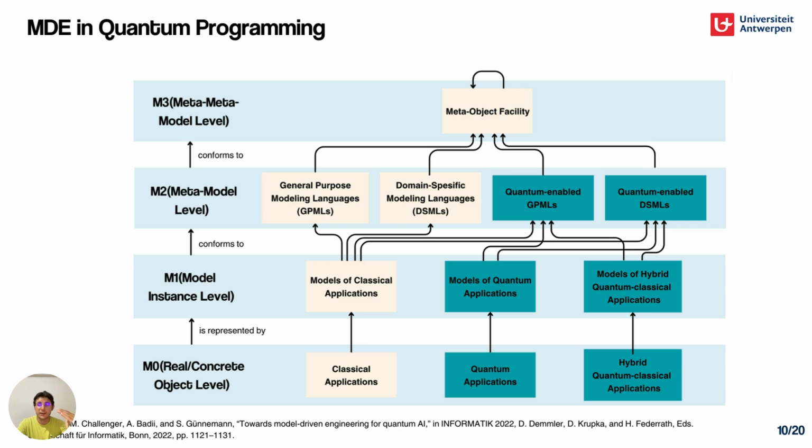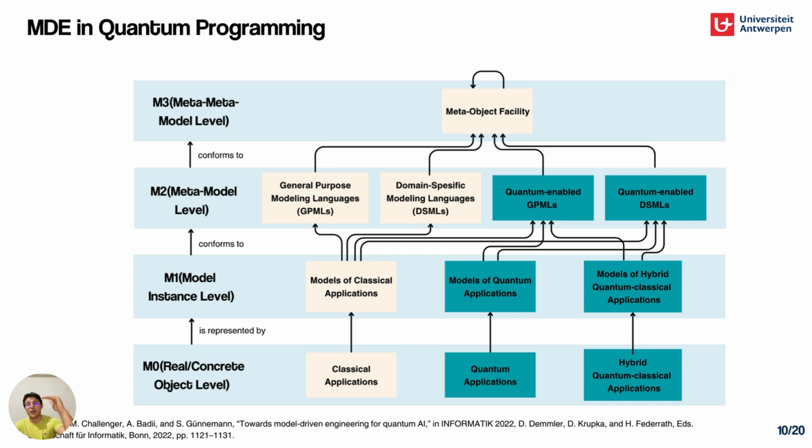Above that, the M1 level is the model instance level, which creates specific models based on the real world objects, and it can be a classical or a quantum or a hybrid application on or above the object level. On the M2 level, the meta model level defines the frameworks and the rules for creating those M1 models using DSMLs or GPMLs.